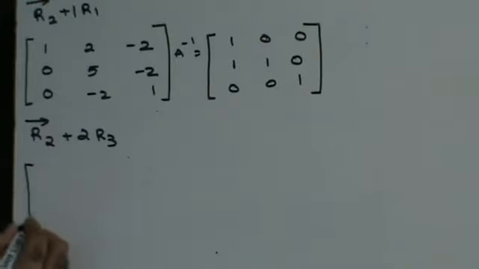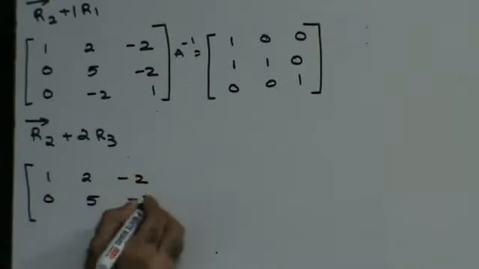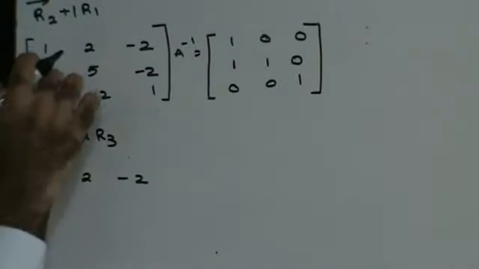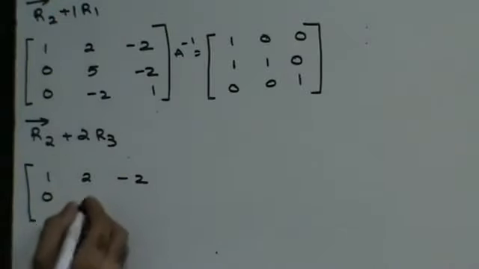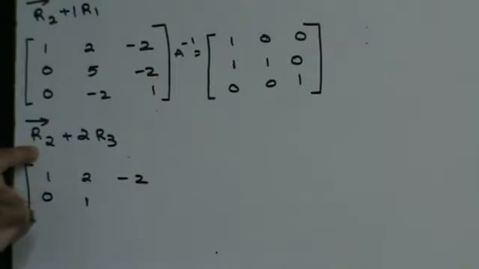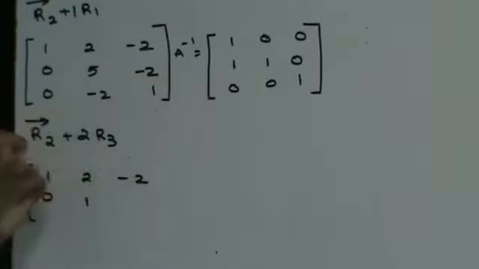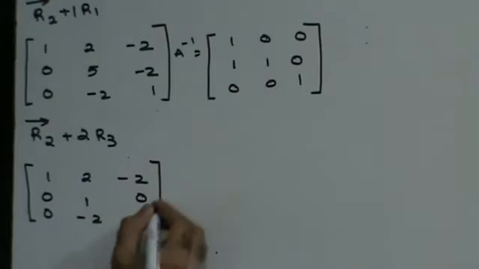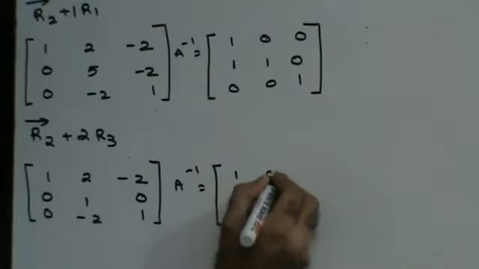So this can be written as 1, 2, minus 2, 0, 5, minus 2, only R2 is going to change. So 0 plus 0 is 0, 5 minus 4 is 1, minus 2 plus 2 is 0, 0, minus 2, 1, A inverse, right? 1, 0, 0.